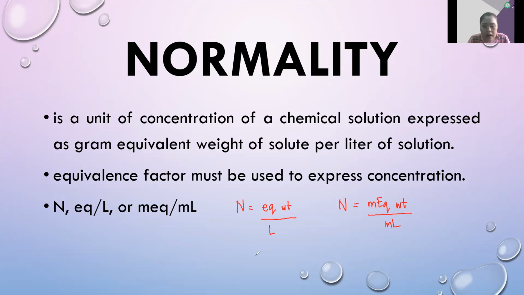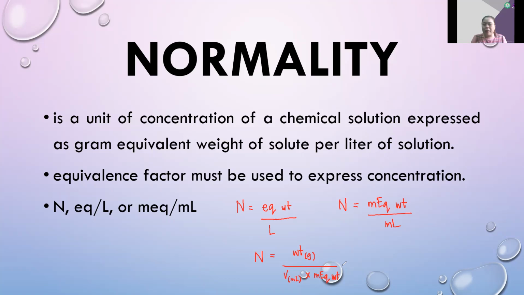Okay? Or we can simply use normality is the weight of sample in grams divided by the volume in ml times the milli-equivalent weight.